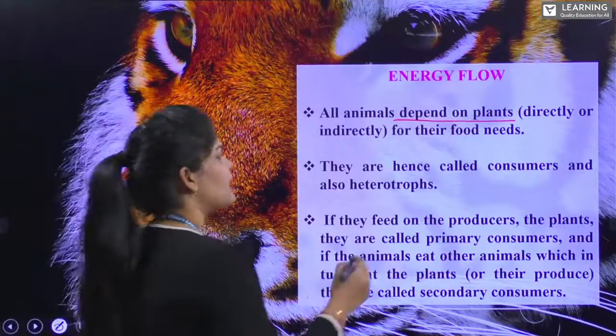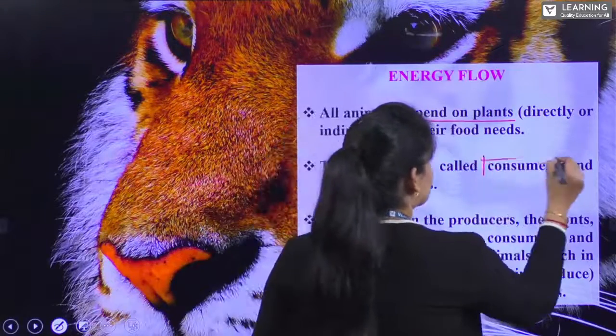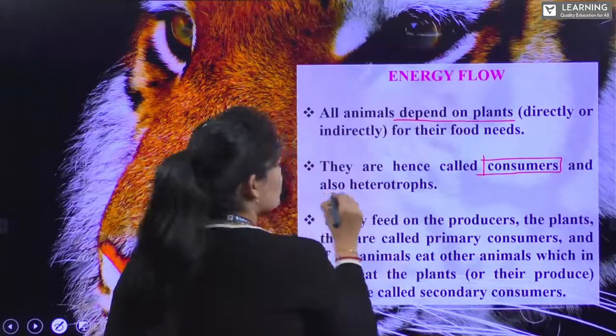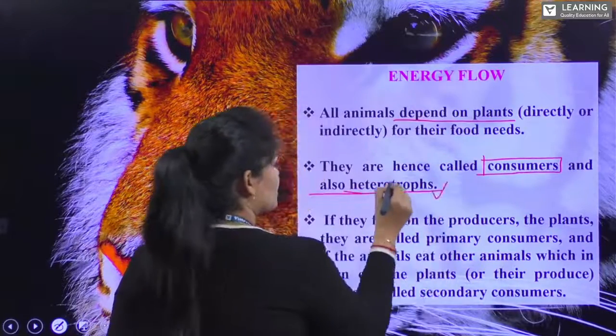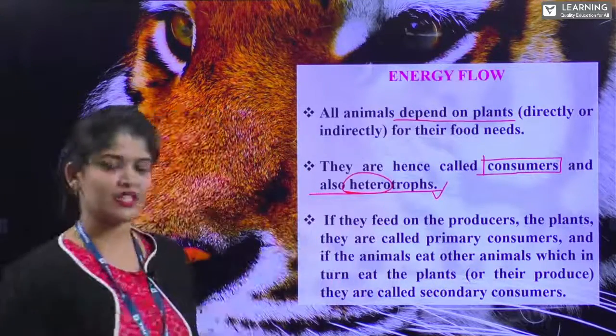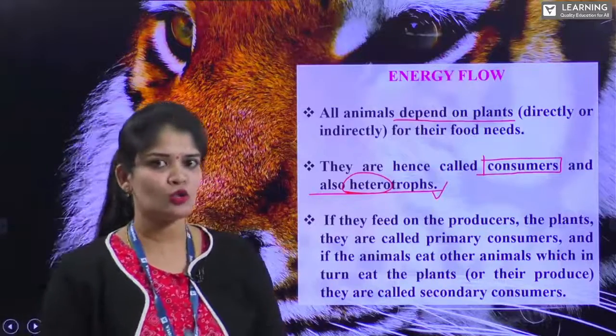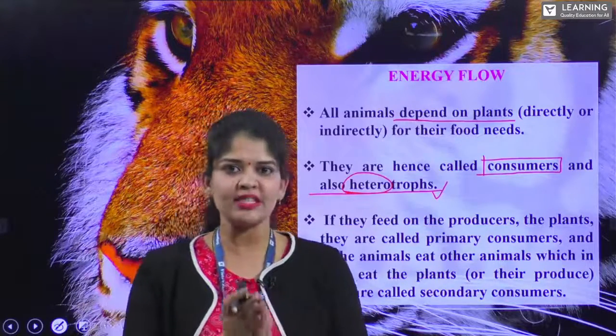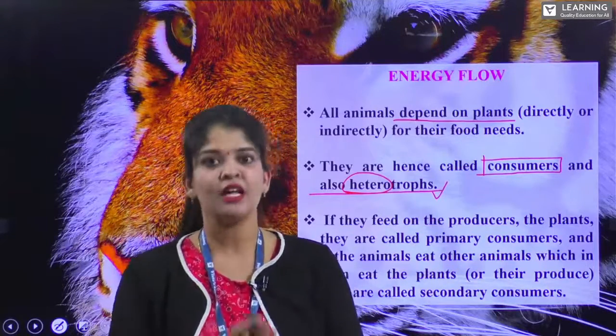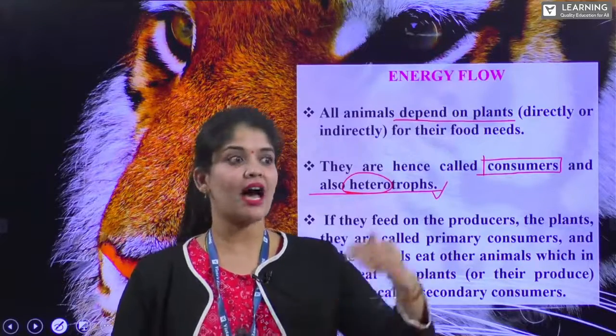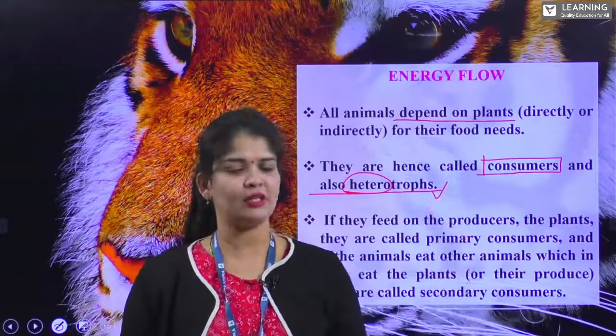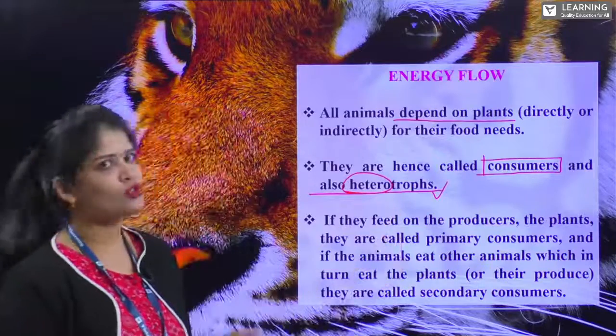So we call them consumers and also heterotrophs. They are not autotrophs, because autotrophs are organisms that can synthesize their own food. If the food comes from another organism, we call it heterotrophic.